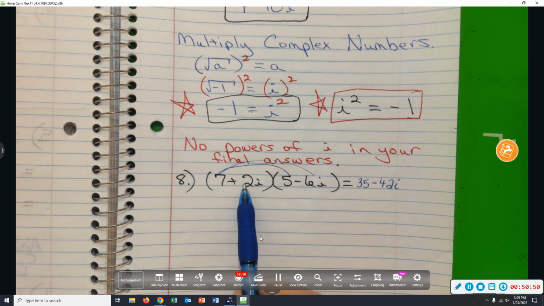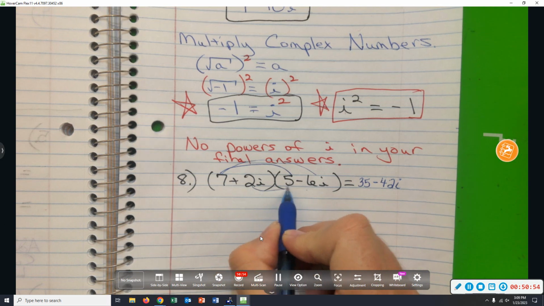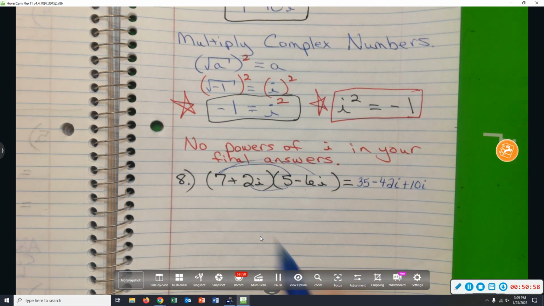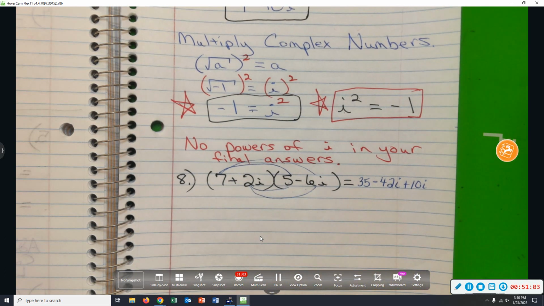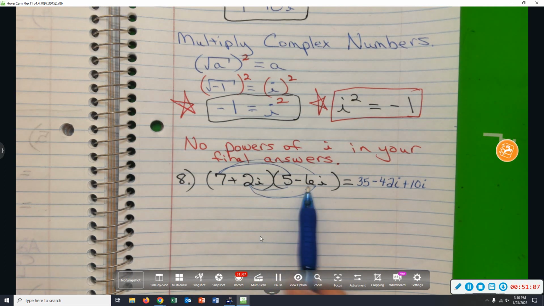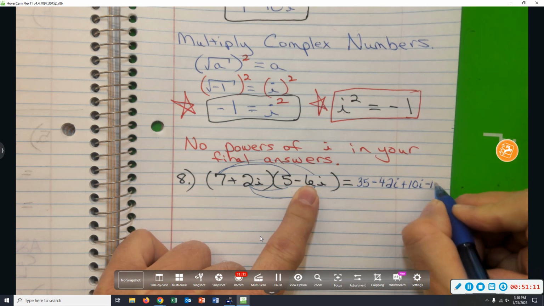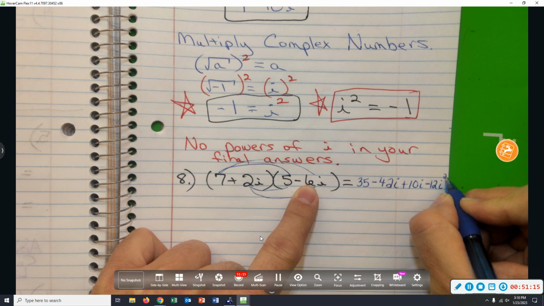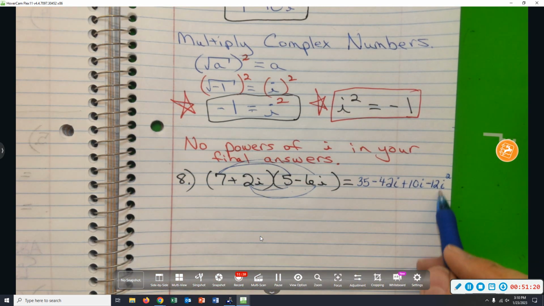So, the 2i times 5, what's that going to be? 10i. And then the 2i times a negative 6i. That's going to be the positive 2 times negative 6, a negative 12 i squared.